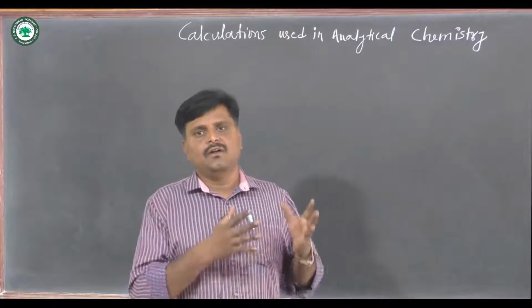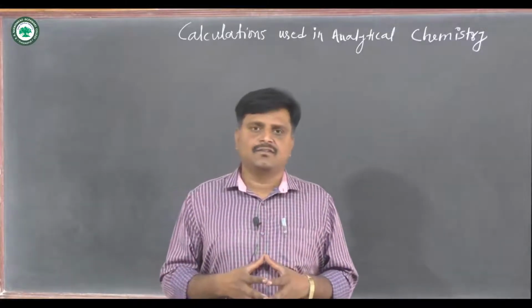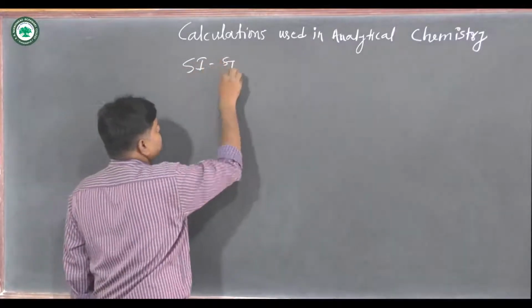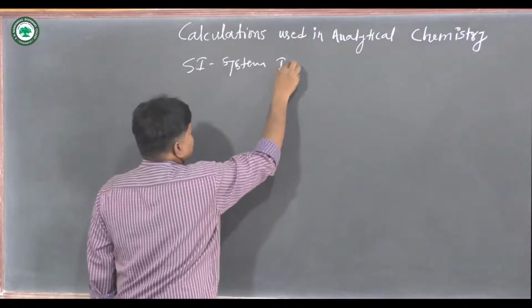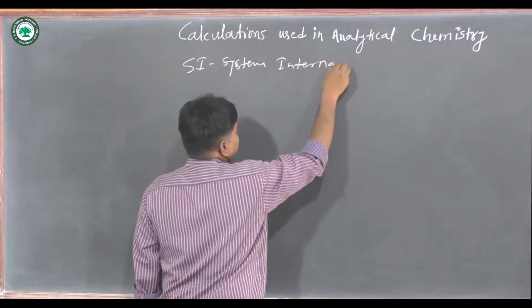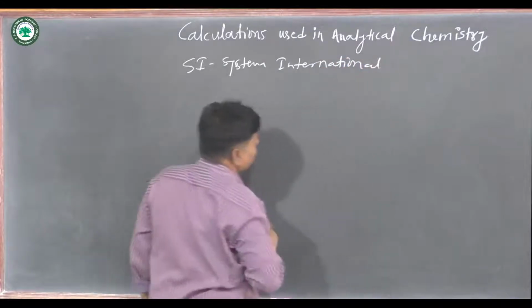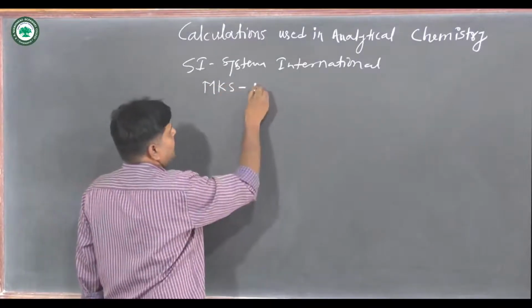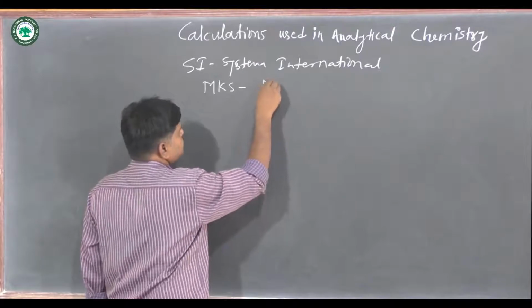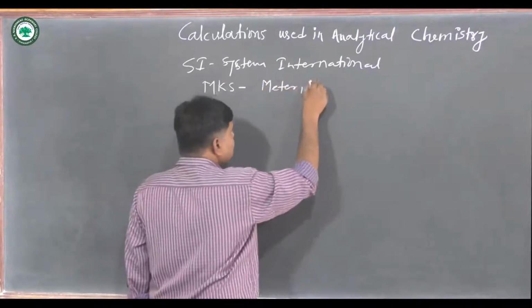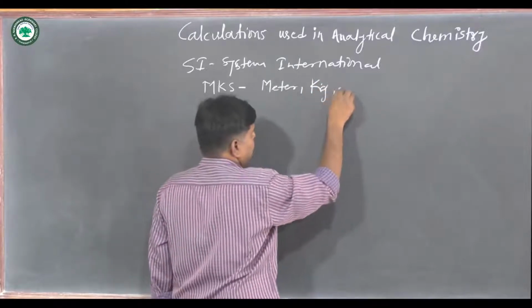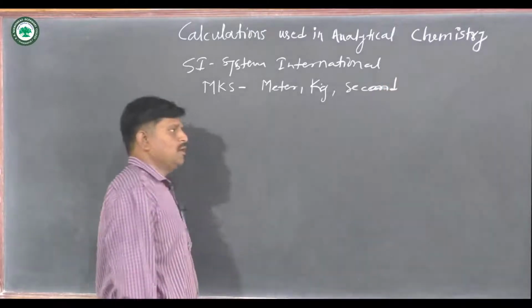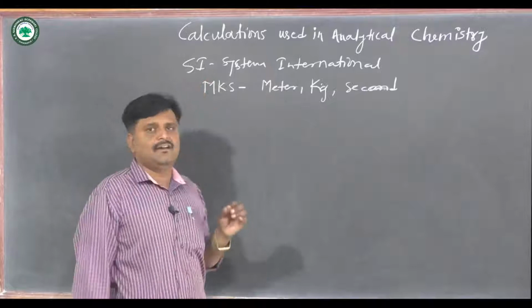MKS means meter, kilogram and second. Nowadays we call this the SI system.